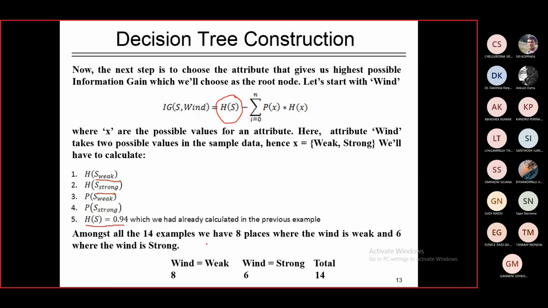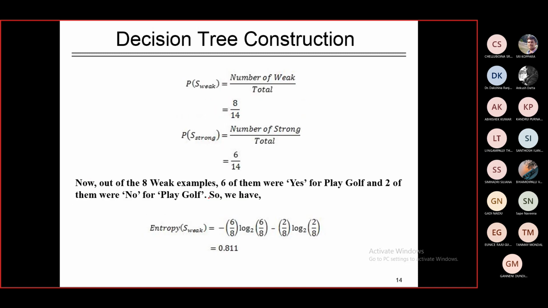Because 8 is the total number of places where wind is weak. So 6 among 8 weak examples are yes for playing golf, and 2 of them are no for not playing golf.